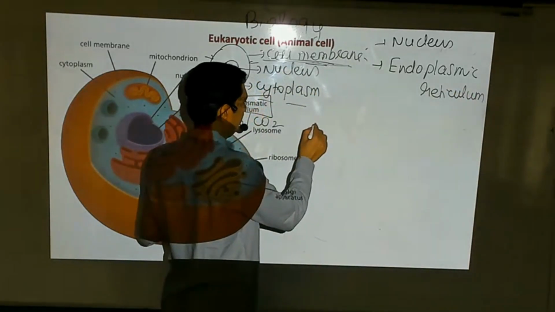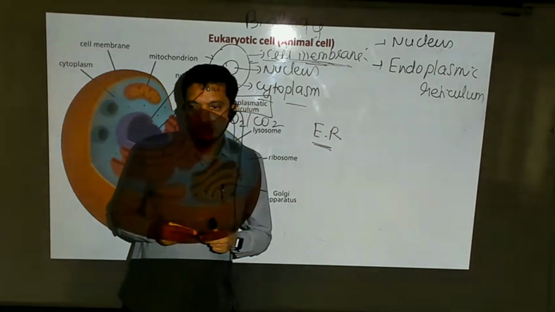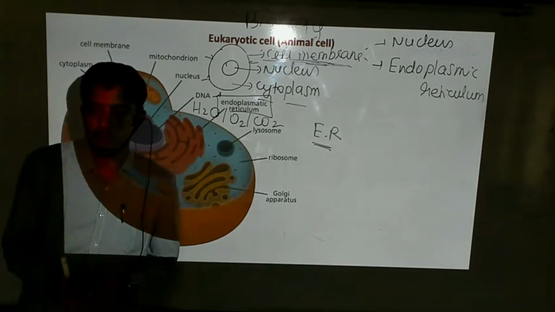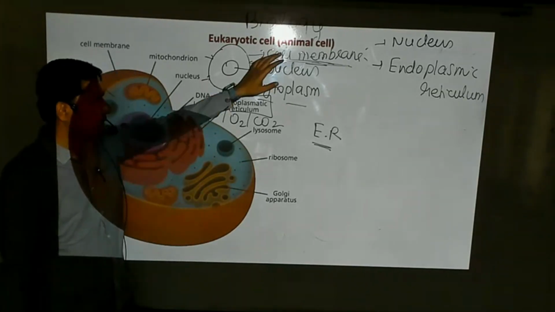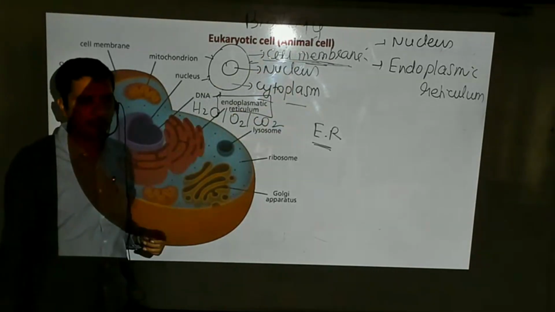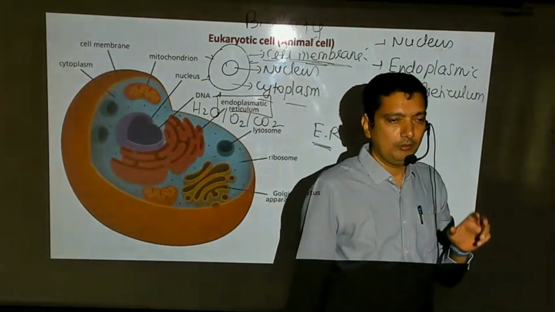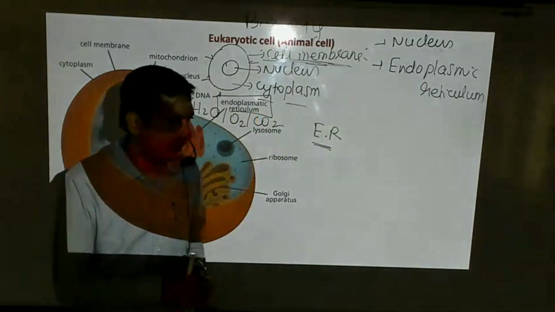What are we learning here? We are learning about different organelles, different compartments found inside the eukaryotic cell. The first organelle we talked about was the nucleus. Second organelle is ER. What do you want to remember from this for the exam? What is it? What is the function of it? If you can remember, that is good enough for the exam.